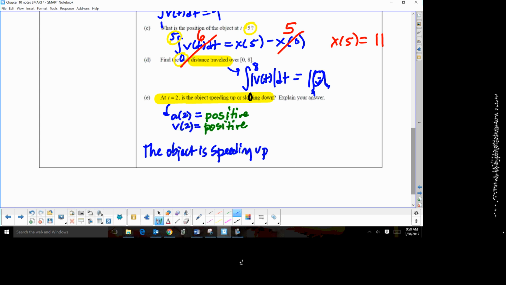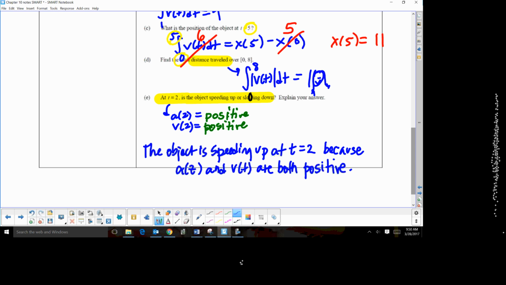Now, I'm going to write something and I want you to tell me what you think after I write it, okay? So I said the object is speeding up at t equals 2 because a of t and v of t are both positive.